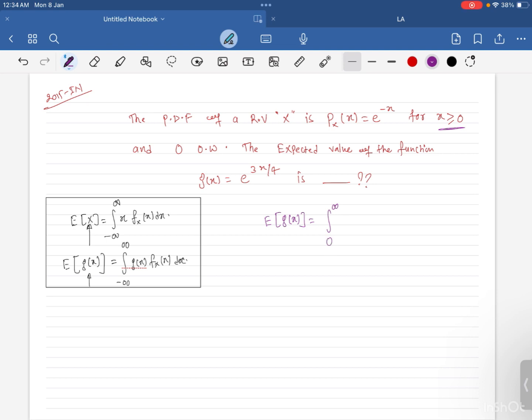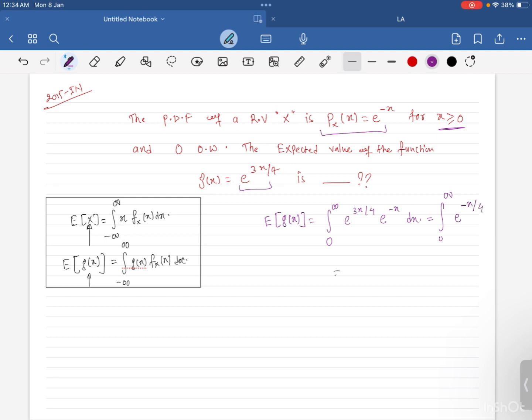So from 0 to infinity, g(x) is e to the power 3x divided by 4, and the probability density function is e to the power minus x dx. We can write this as the integral from 0 to infinity of e to the power minus x divided by 4, right?